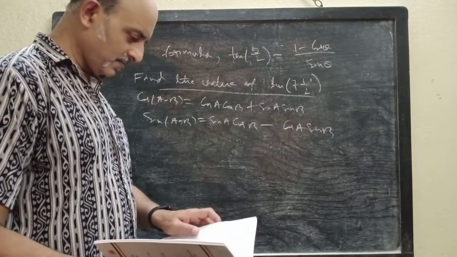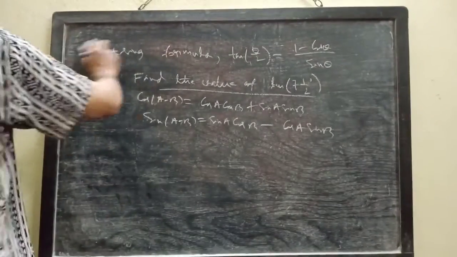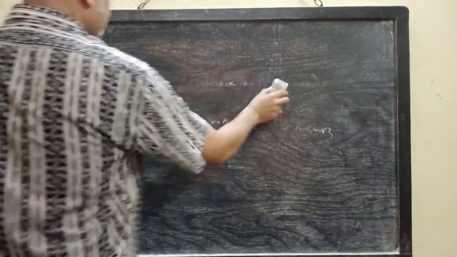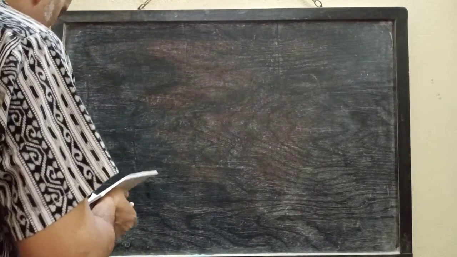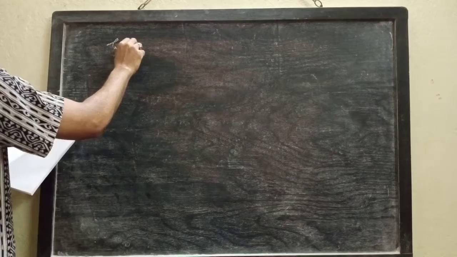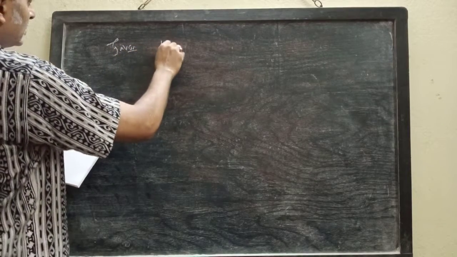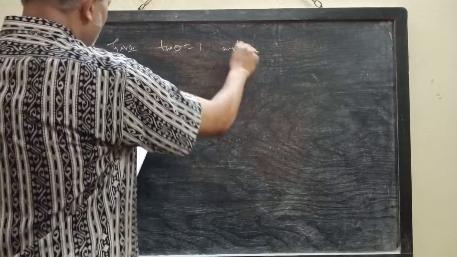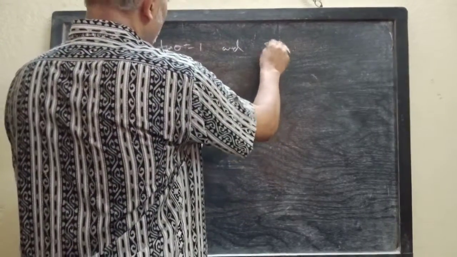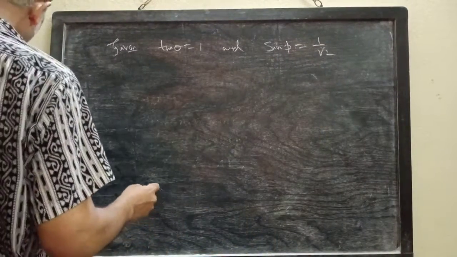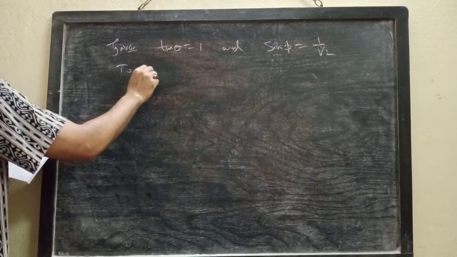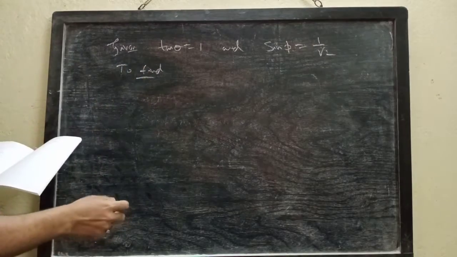Next, let us solve some different type of problems. Suppose you are given tan theta equals to 1 and sin phi equals to 1 by root 2, and you are asked to find cos of theta plus phi.